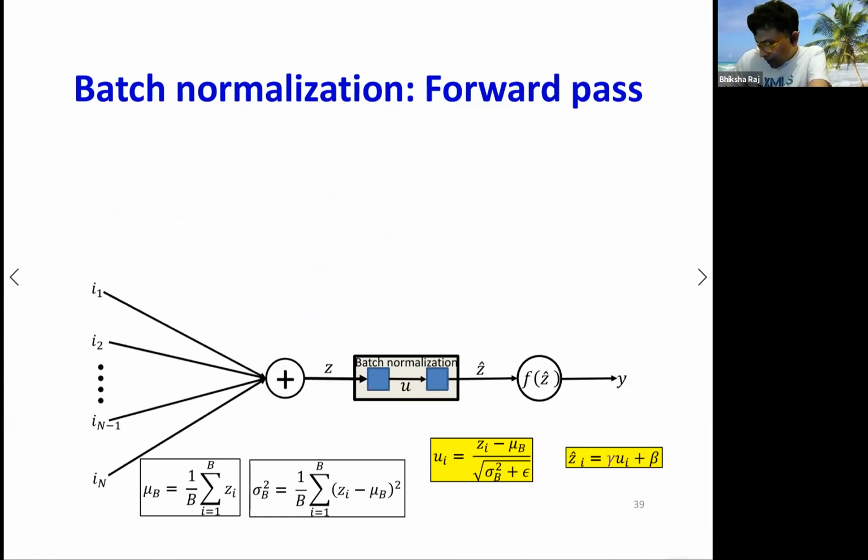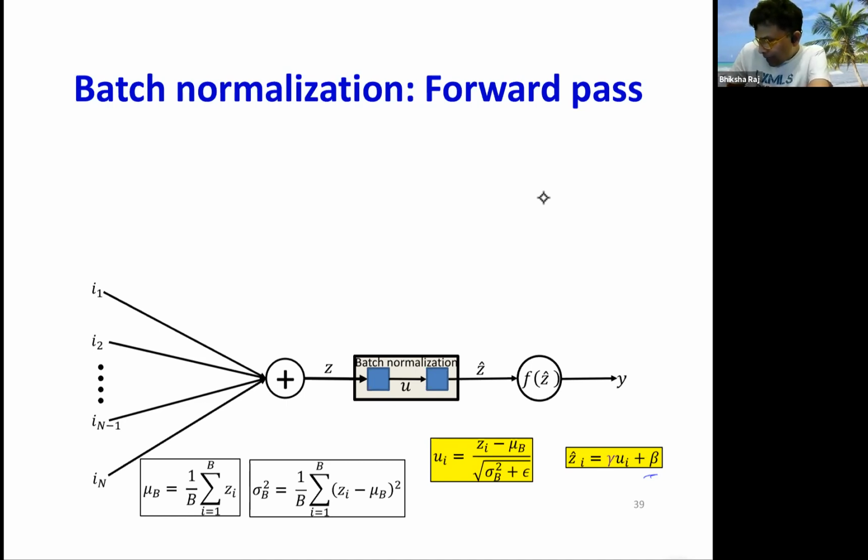Here is the forward pass at a single neuron for a single training instance from a mini batch. The neuron computes its affine value Z. Then we need not consider the bias. So you can think of it as a linear combination, because as we saw, this shift over here grabs the bias, right? So the neuron computes a linear combination, which I'm going to represent by Z, of its input.